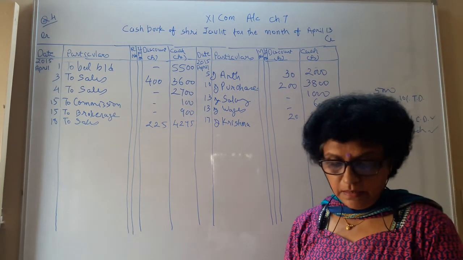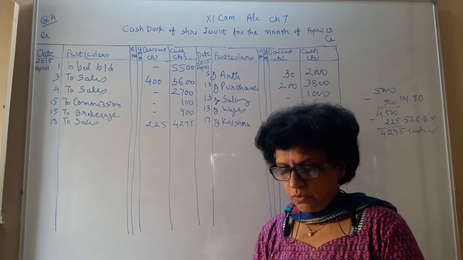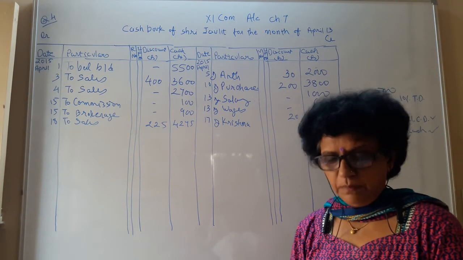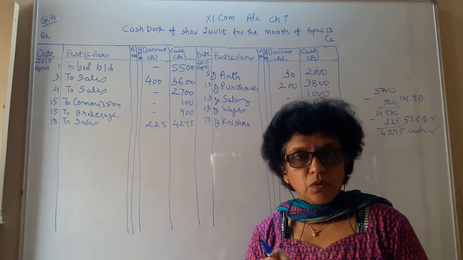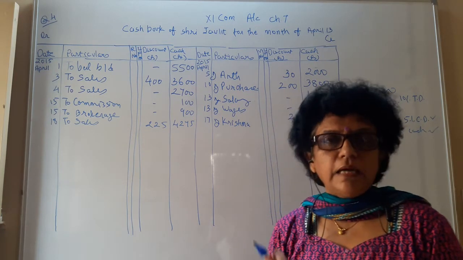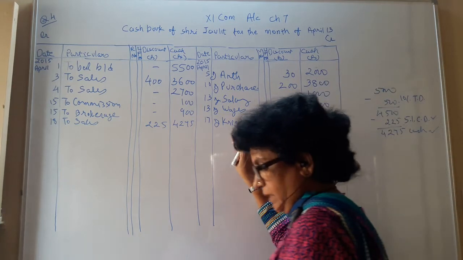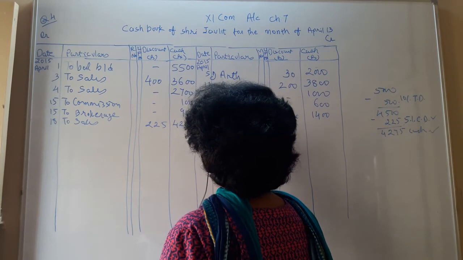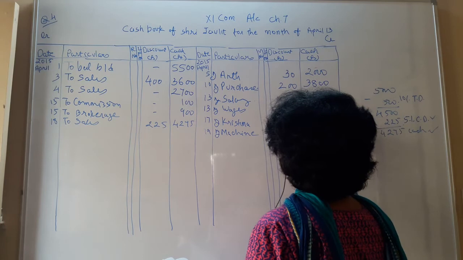Next on the 19th, a machine of 6,000 purchased from Ramesh, for which 2,000 is paid by cash, and it is decided that the remaining amount will be paid after 1 month. We are concerned with the amount we are paying today and the reason for paying. So today we are paying for the machine on 19th only 2,000.